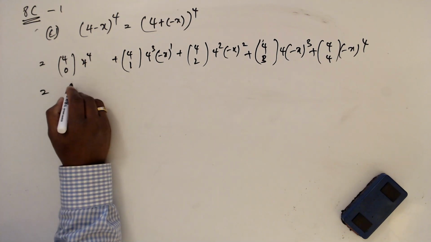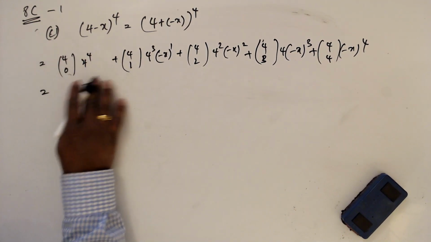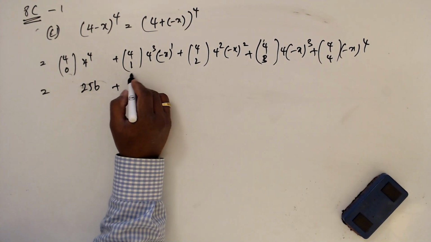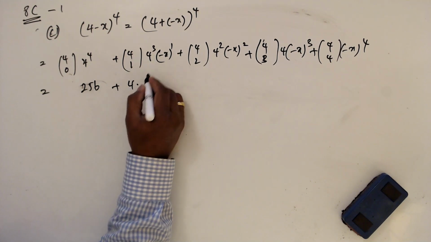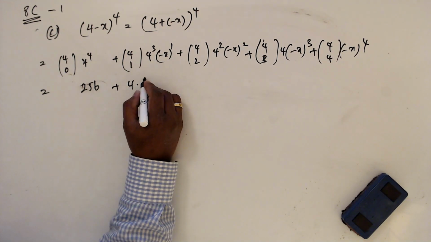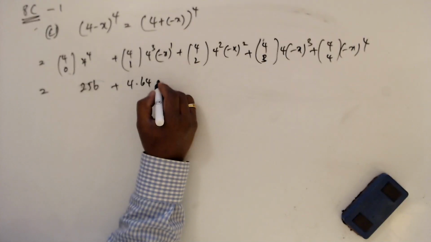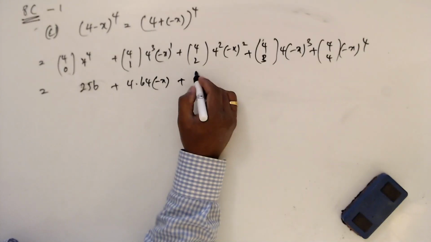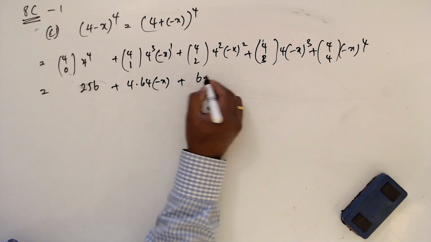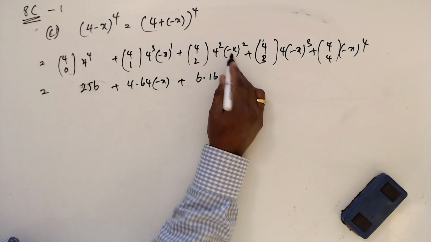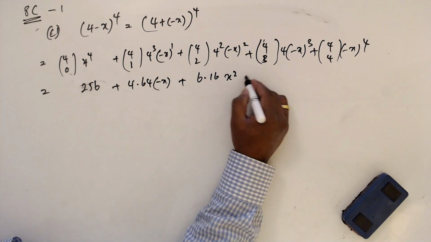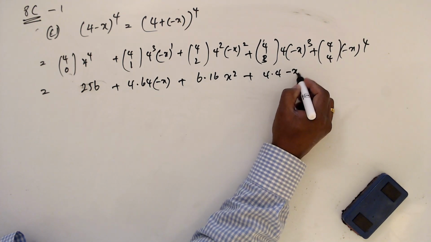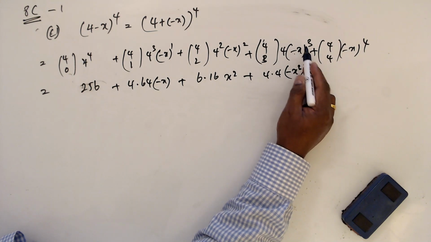So this is going to be 1. 4, 0, 0 is 1. 4 to the power 4 is 256. This is going to be 4 times 64, and this is going to be minus 6. This is going to be again 6 times 16 times minus x square become x square. This is going to be 4 times minus x cube, minus x to the power 3.